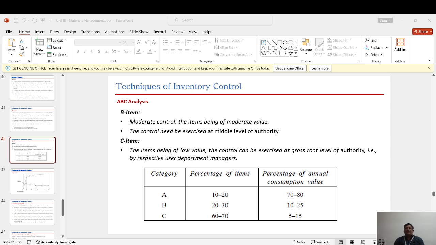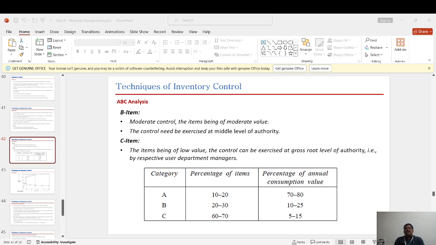The minimum total cost occurs when the inventory carrying cost is equal to the ordering cost. We have to keep these things in mind, and based on this we find the economic order quantity, that is EOQ.